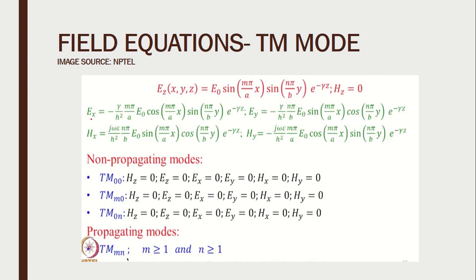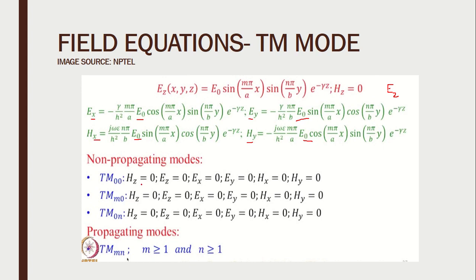If you observe Ex, Hx, Ey and Hy, all of them contain a term E0 into some sine and cosine components, and this E0 term is a function of the electric field in the direction of propagation. So all these are functions of the electric field term Ez.